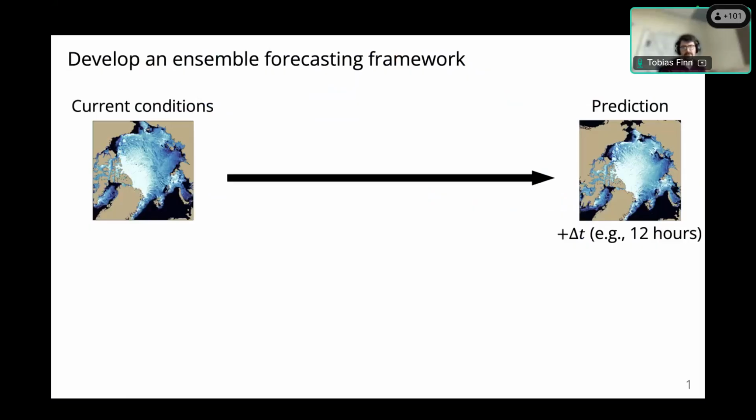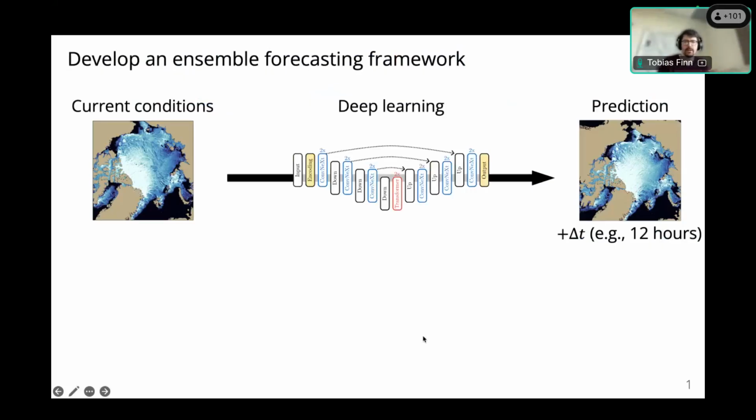The first part of my presentation will be all about CIs, but the framework that I will present is generally applicable to basically any component of the Earth system. So the main idea is we want to develop such a framework, and so let's use deep learning for this. Let's use, for example, a convolutional neural network, a transformer, whatever, to do this prediction.